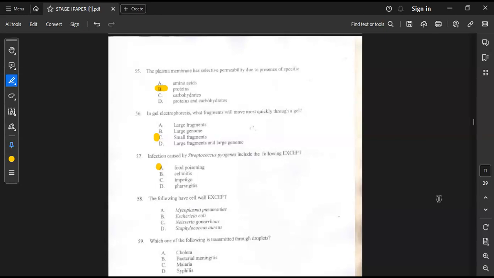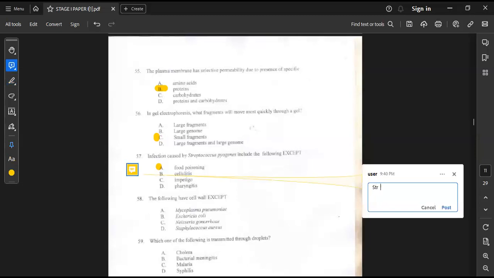There was also something about catalase positive and negative. Staph is catalase positive. Then there's also the hemolytic properties.